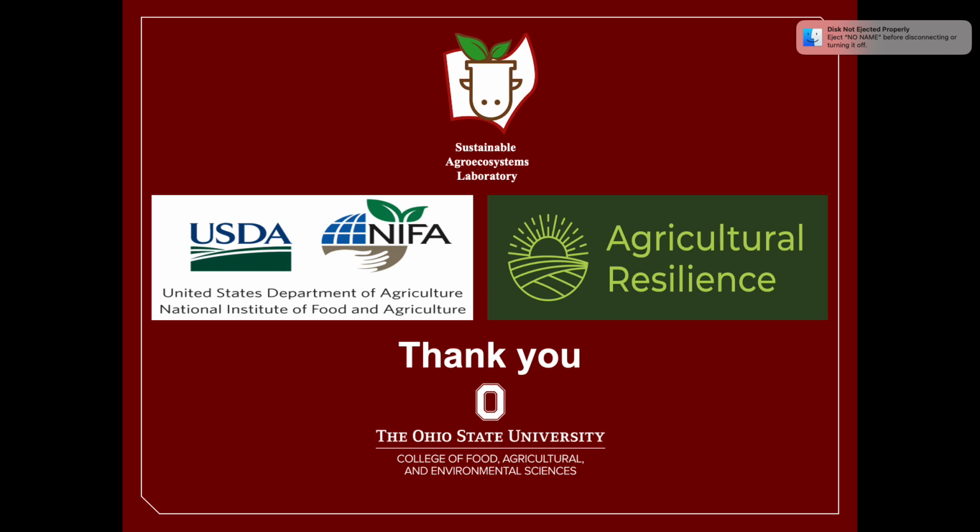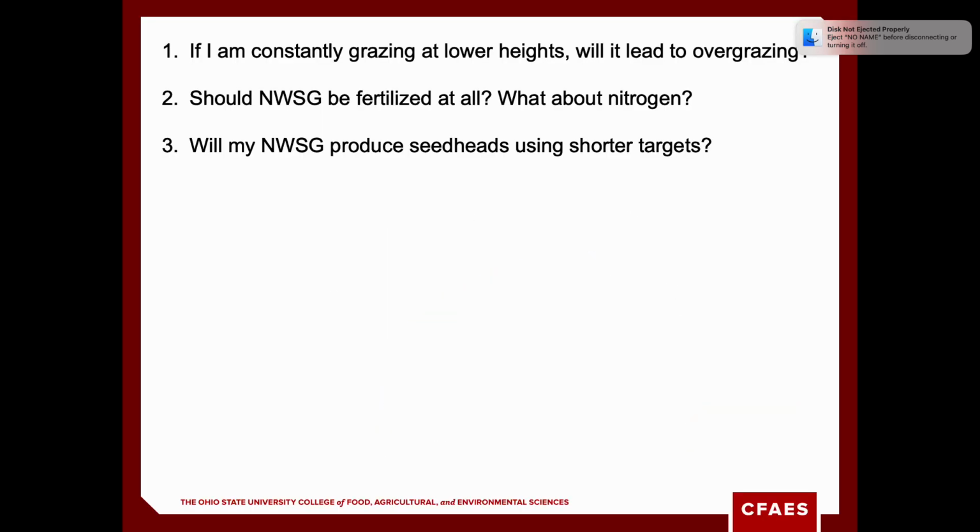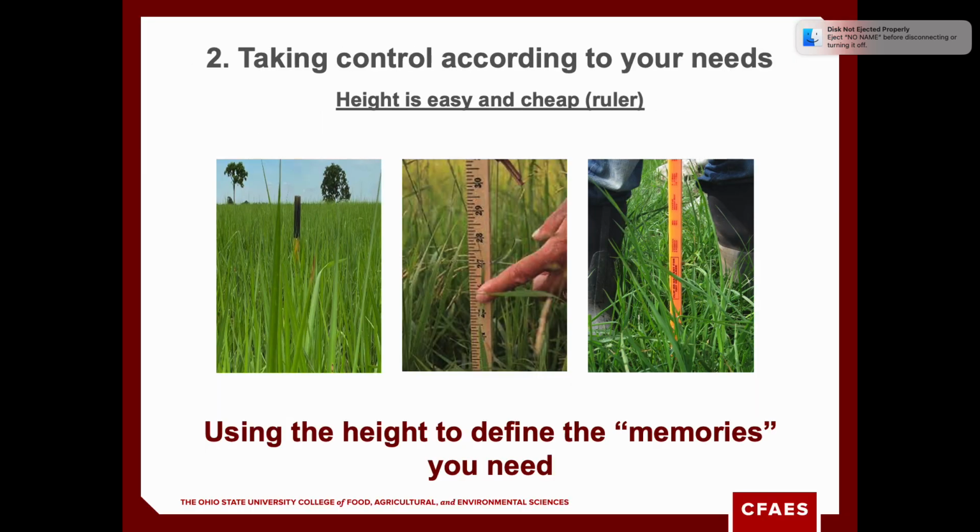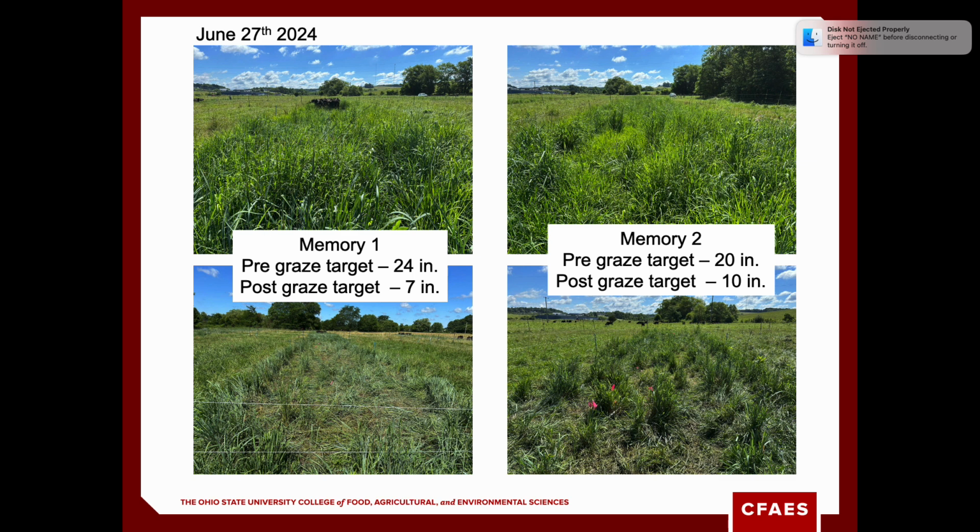Yep. Go back to your slide where you have the combination of grazing heights. Yes. This one? Yeah. I was wondering, is memory 1 and memory 2 confounded by your residual height? So what I'm asking is, why didn't you have the same residual height for grazing? The idea for this one was to have two contrasting managements.